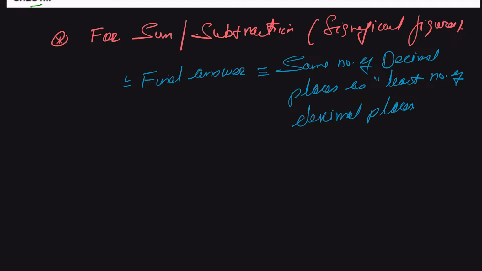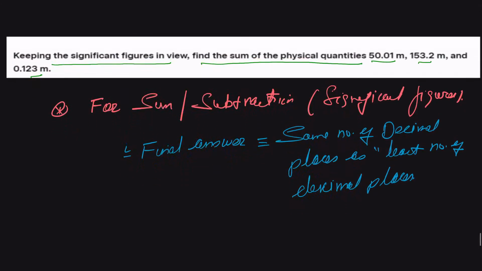So it means the least number of decimal places is nothing but our this part, 153.2.